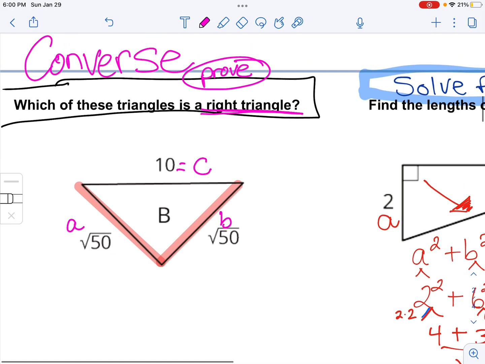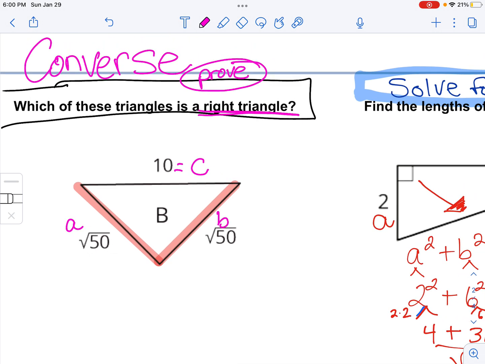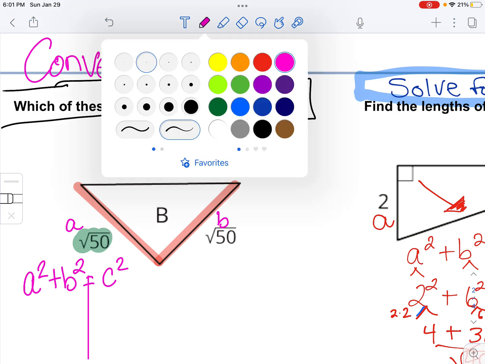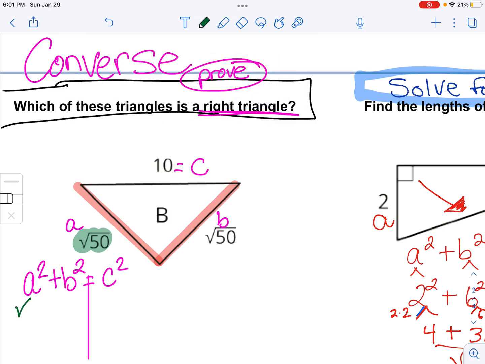And when you prove if it's a right triangle, you're checking to see if it's going to equal in your Pythagorean theorem. Like this. Write out your formula that we already know. Draw your line down and substitute for each letter. So my A is square root of 50, and then I have to square that.